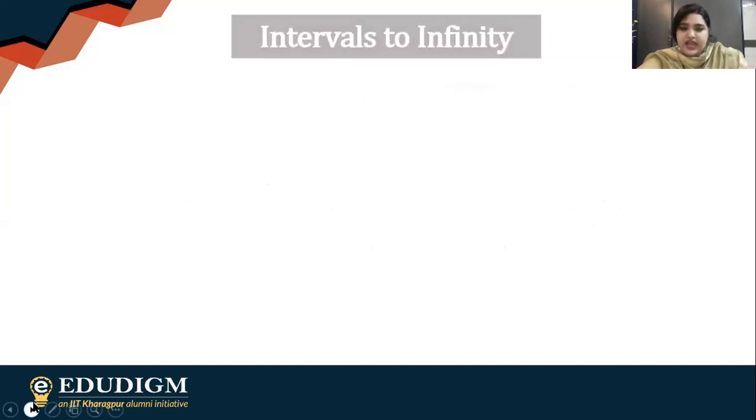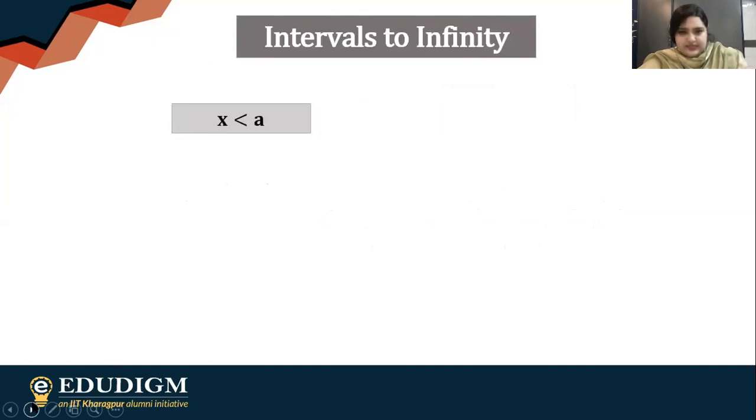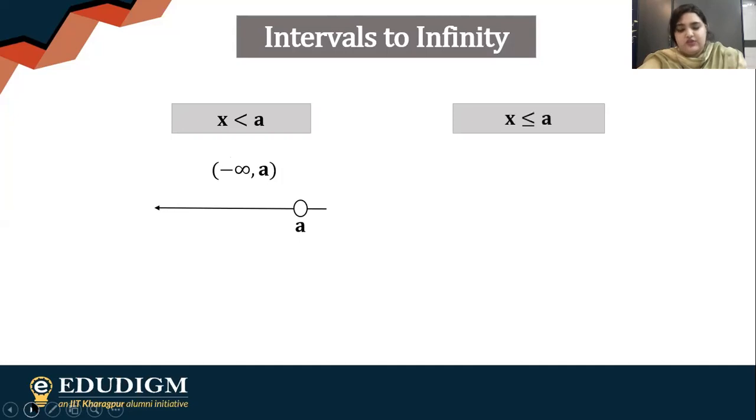Similarly, as we have moved to the right side and gotten bigger values, we can also move to the left side. So this is less than A. Go to the left as much as possible, and you are approaching a very, very small negative number, which is minus infinity. Now, in the first one, A is not included, whereas in the second one, A is definitely included.